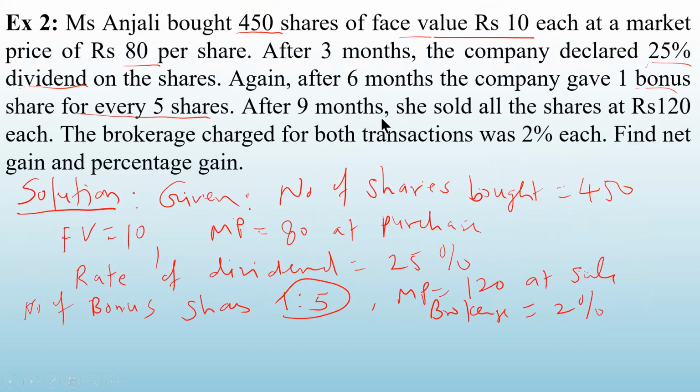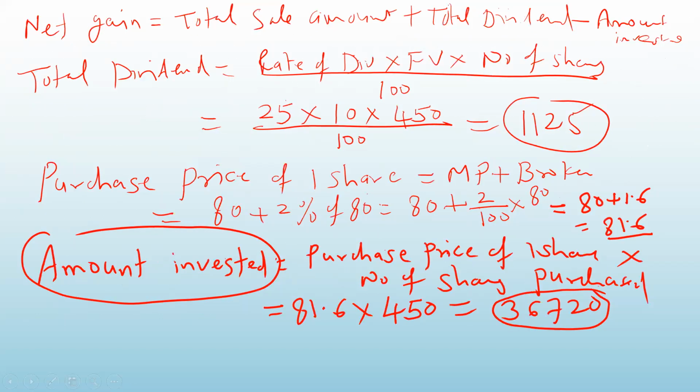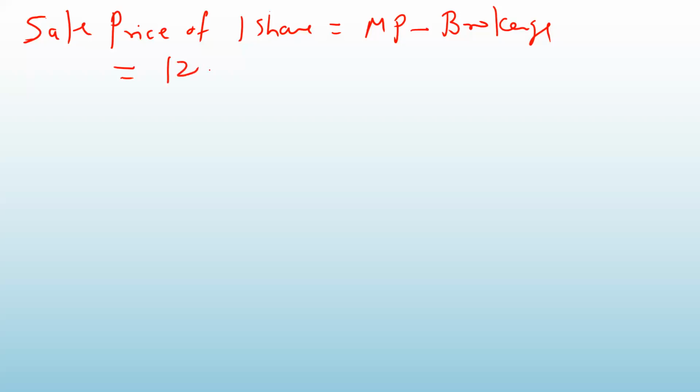She sold the shares at rupees 120, and the brokerage was 2%. So that will give you 120 minus 2% of 120. What is 2% of 120?